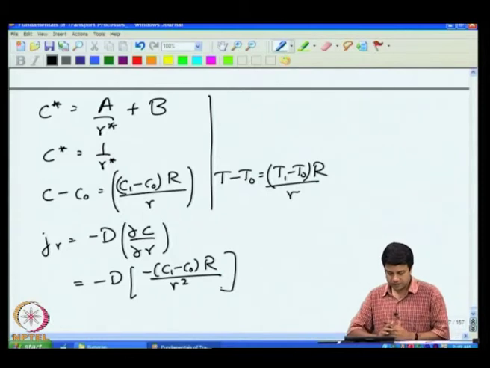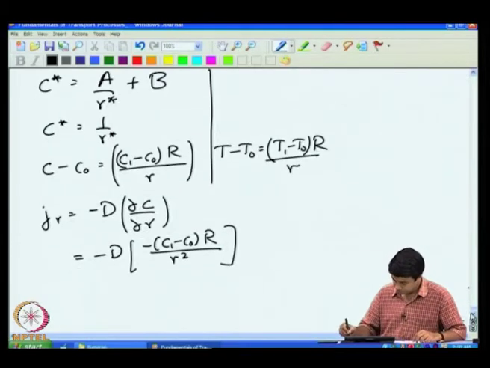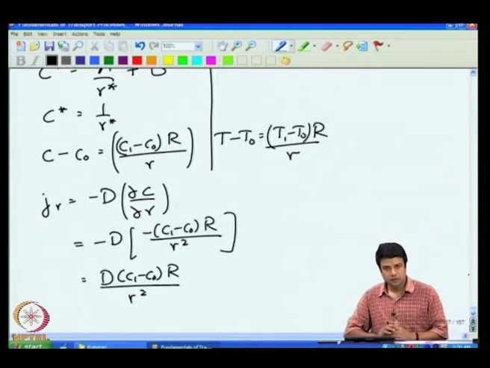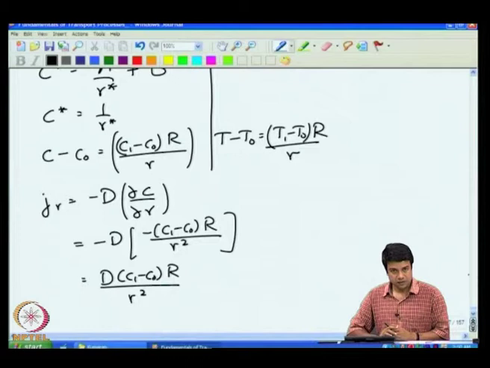So, the flux is equal to D times C 1 minus C 0 times R by r square. So, the flux decreases as 1 over r square.